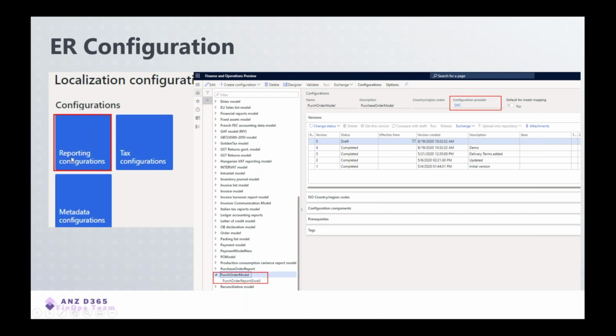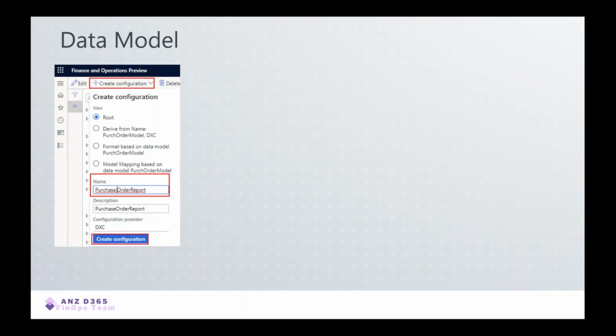Once we click on the reporting configuration, we will click on create configuration. This is how it will look once this particular report is developed, and the configuration provider will be your DXE or whatever you have defined as your configuration provider. In order to create your data model, you click on create configuration.